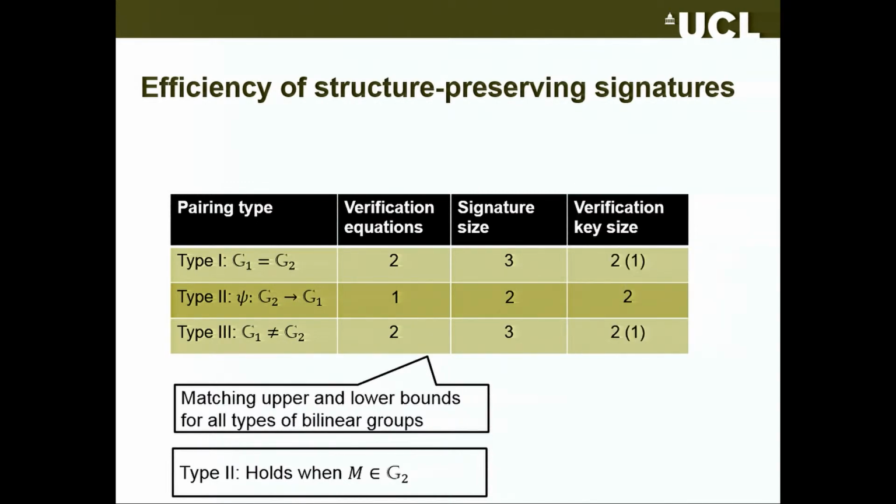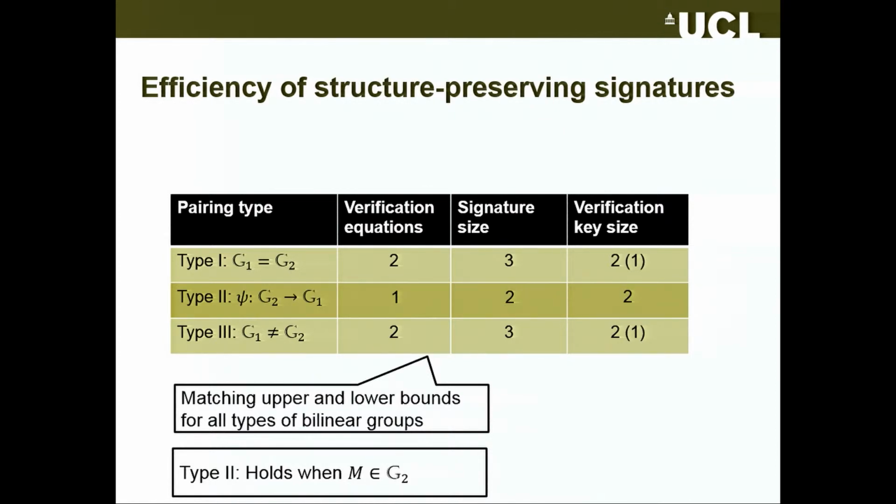So there's another thing that is of interest. If you look at the efficiency of a signature scheme, certainly the number of verification equations is one parameter, and signature size is another parameter. But a third parameter is the size of the verification key.